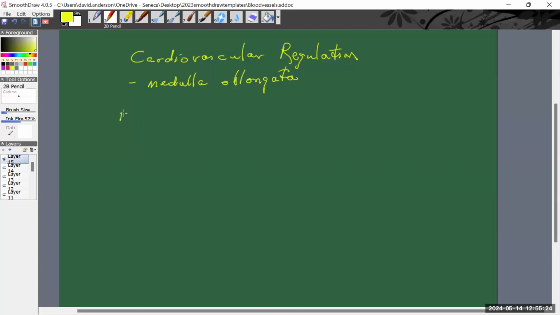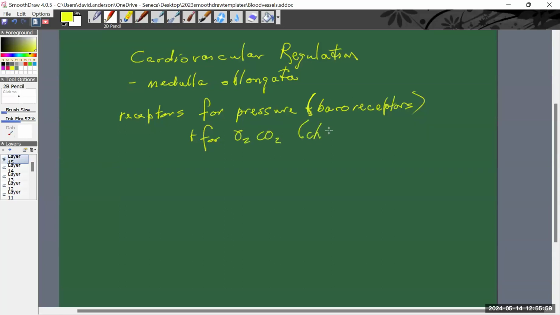So we have receptors for pressure, and these have a fancy name. They're called baroreceptors. And for oxygen and CO2, those are called chemoreceptors.